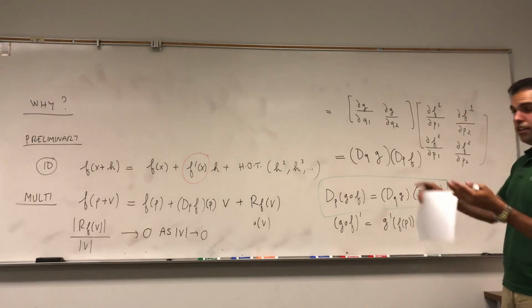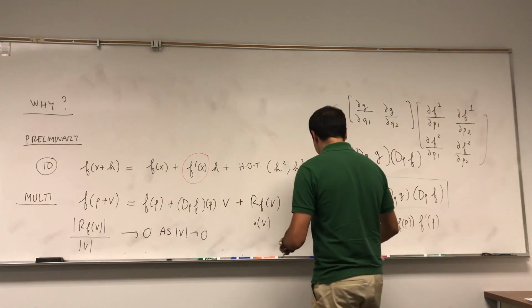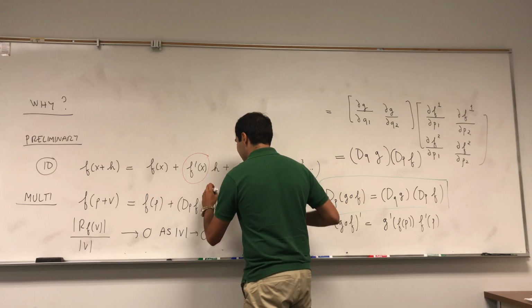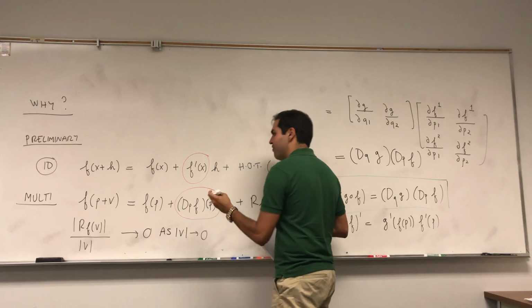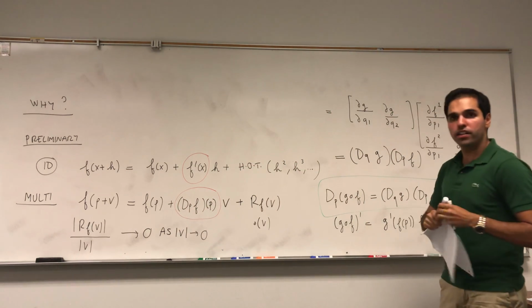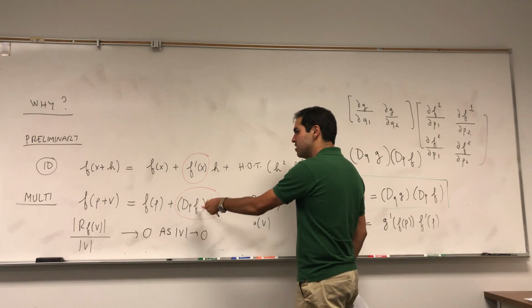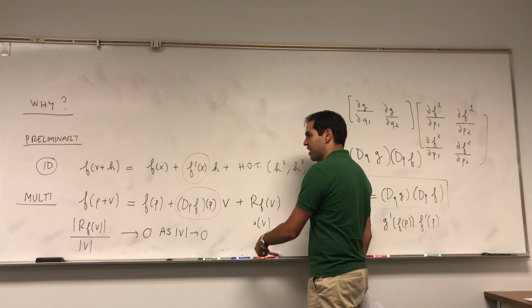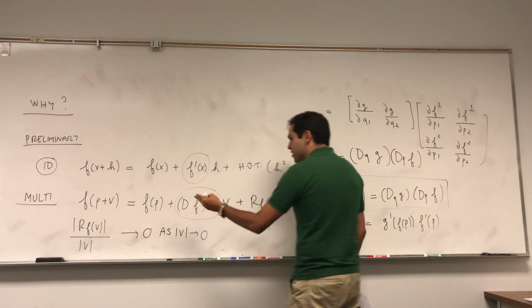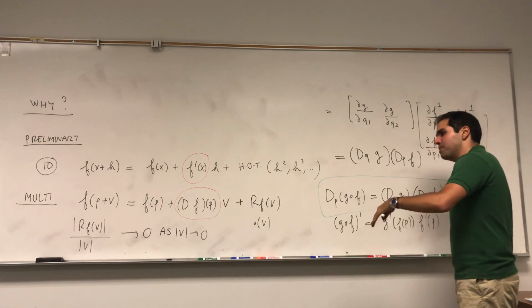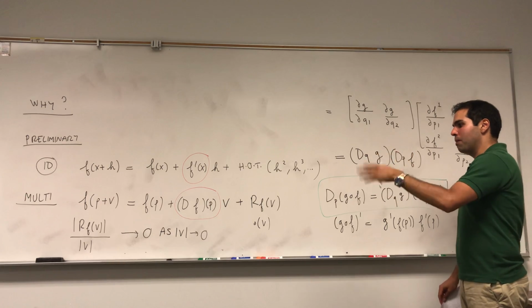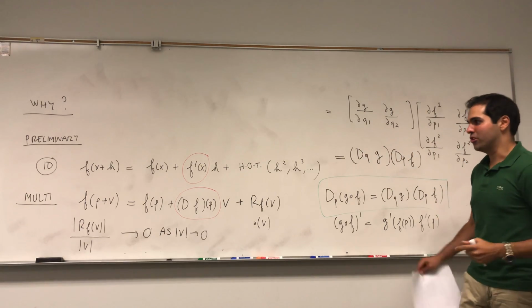Okay. And notice again the similarities between the two definitions. We again have that f of a point plus a small vector equals f at that point plus the derivative of f at p times that vector plus a very small remainder term.